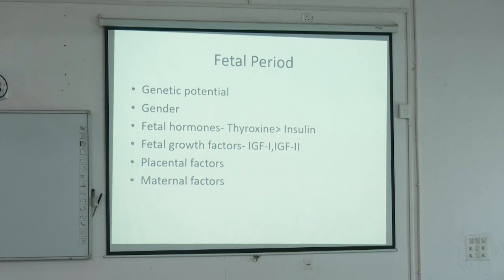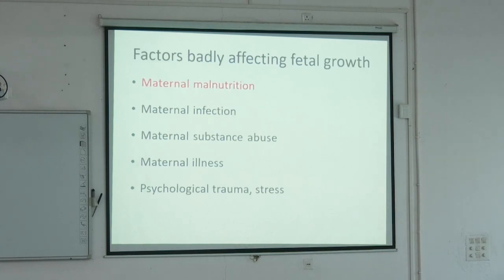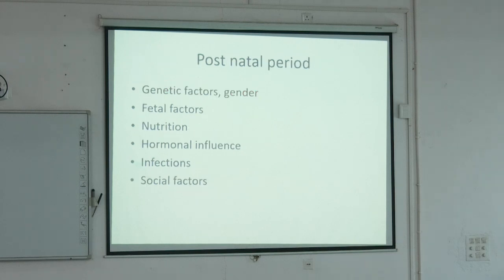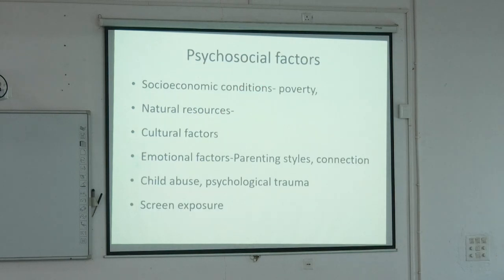The most common factor badly affecting fetal growth is maternal malnutrition. For that we catch them from teenage onwards, supplementing with iron, folic acid and so on. We'll discuss that later. In the postnatal period, psychosocial factors matter.